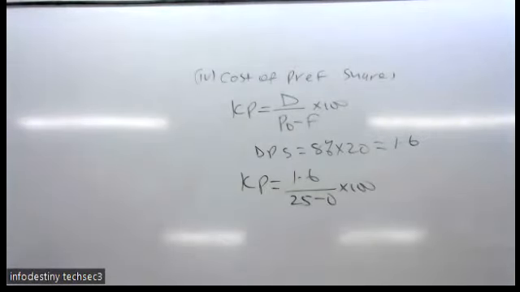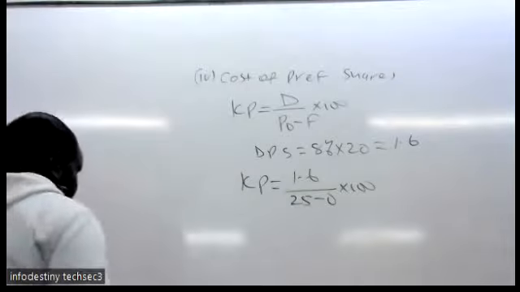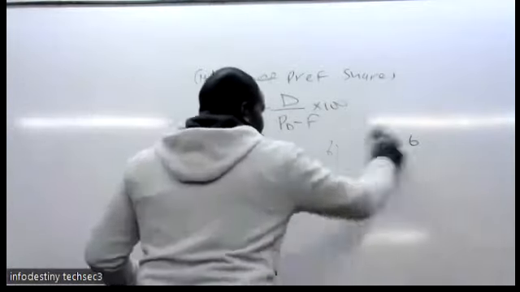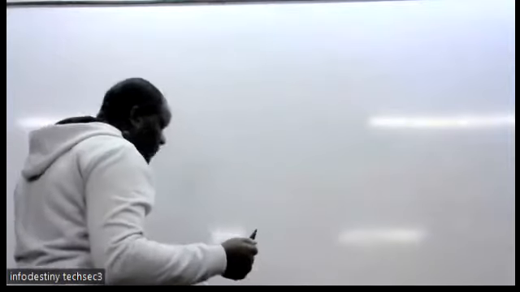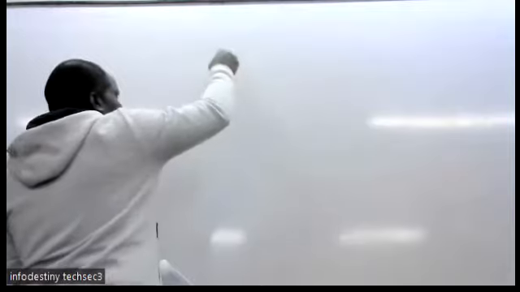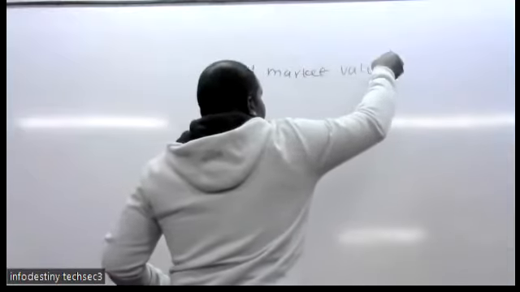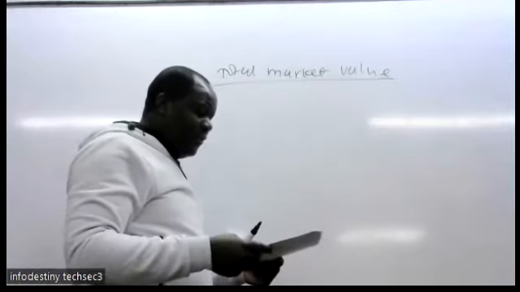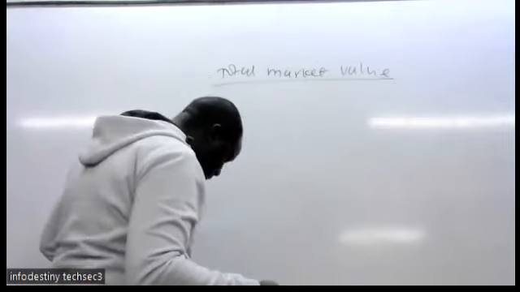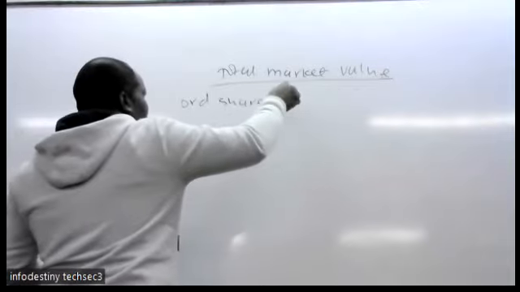To compute the weighted average cost of capital, we shall be required, first of all, to come up with the total market value. You start off with the ordinary shares.